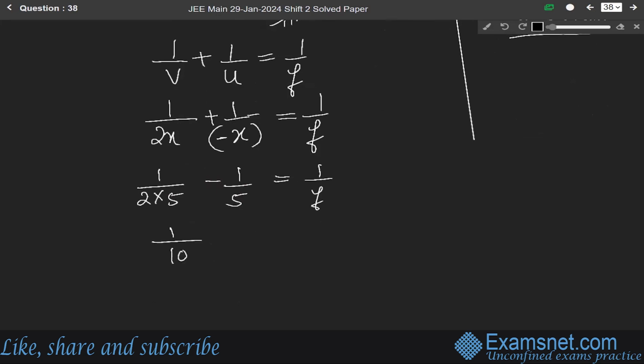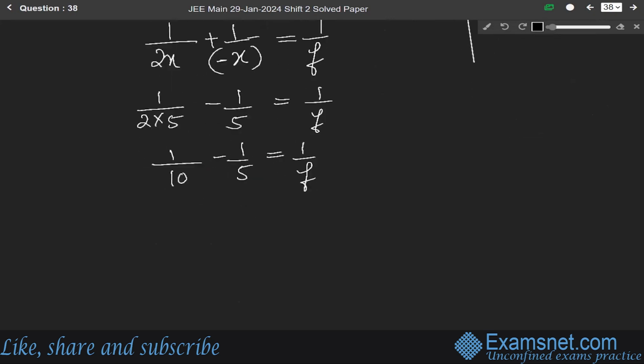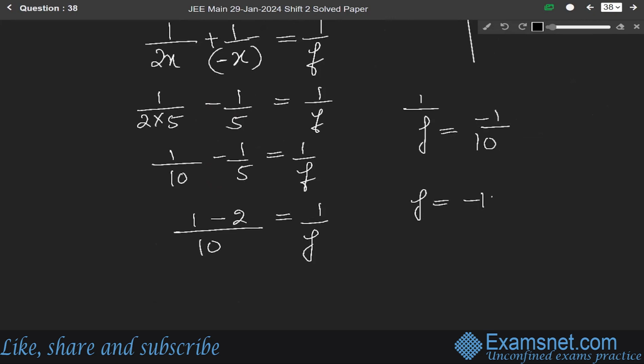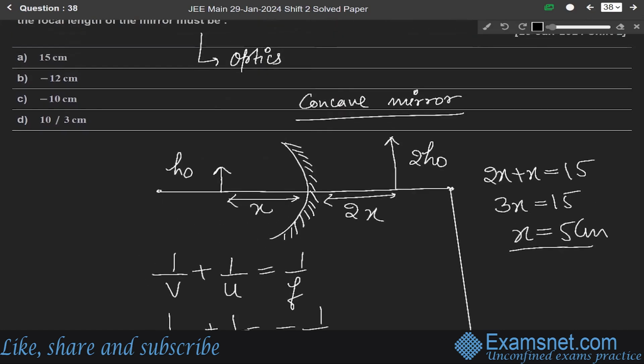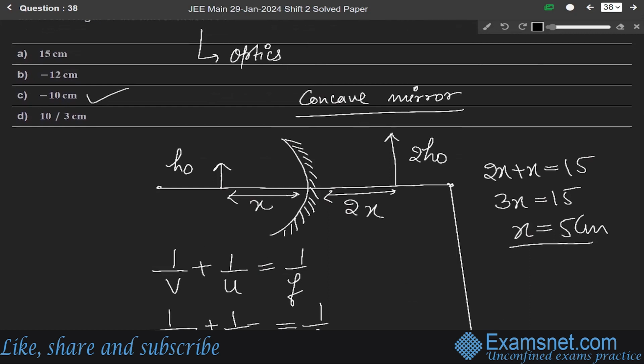So 1 over 10 minus 1 over 5 is equal to 1 over f. So 1 minus 2 over 10 equals 1 over f. So 1 over f will be equal to minus 1 over 10. So f will be equal to minus 10. So the focal length is minus 10 centimeter. So the correct answer is option C, minus 10 centimeter.